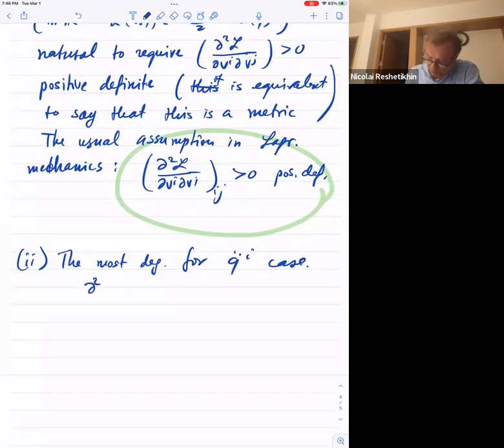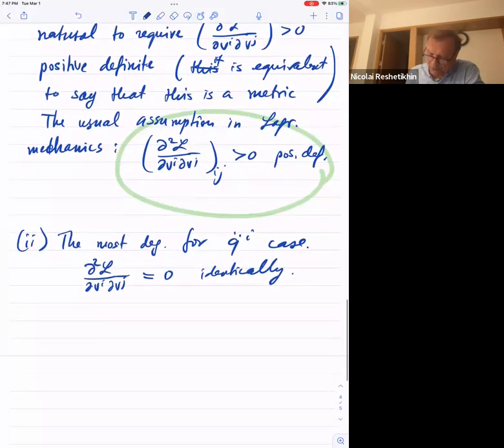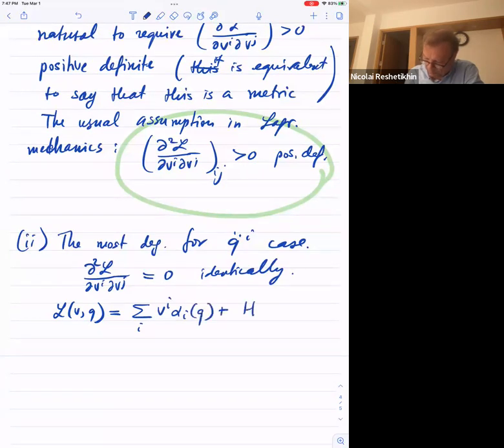That's the case when all derivatives are zero, identically. Well, what does it mean? It means that our function is linear in velocities. It means that it's a sum over i in local coordinates plus some function h of q.